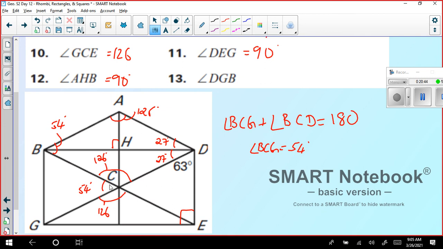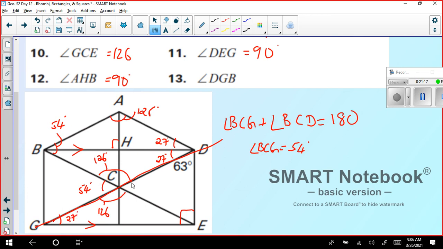For DGB, you can see these are like parallel lines. BD is parallel to GE because all rectangles are parallelograms, so the opposite sides are parallel. The line GD is the transversal. Alternate interior angles are equal. If this is 27, then this is 27.